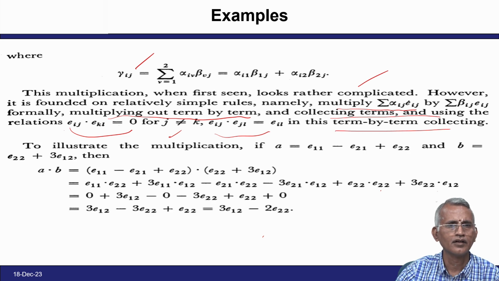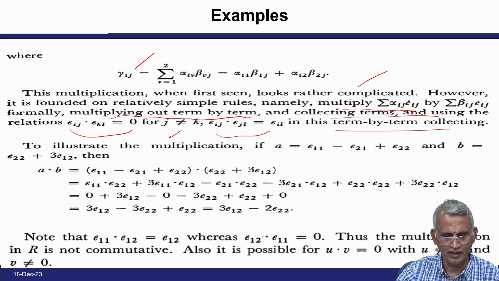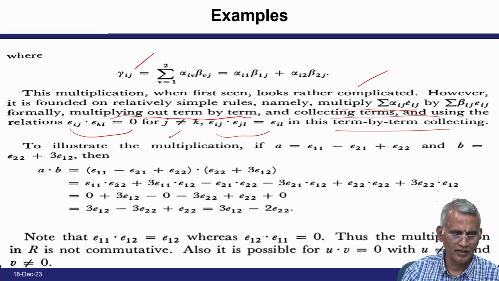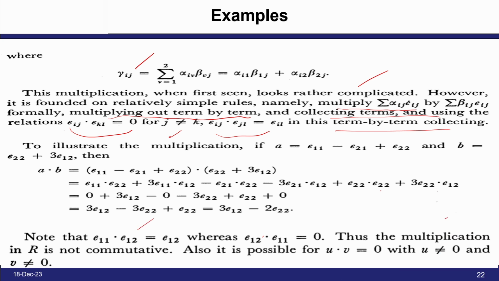So, we illustrated the multiplication of this, and then we have the values E11 into E12 equal to E12, whereas E12 into E11 equal to 0.